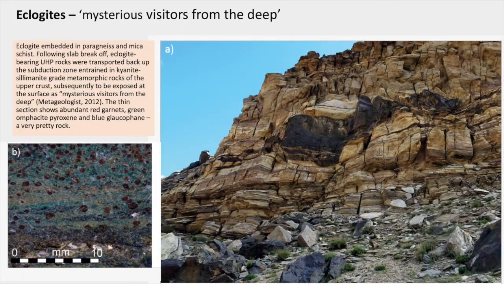It weathers black, and it's been down to about 80 kilometers below the surface on a thrust, and then perhaps as a result of slab break-off, which we'll come to later, has come back up to the surface. And so this is a feature. These are ultra-high pressure rocks and are typical of suture zones.